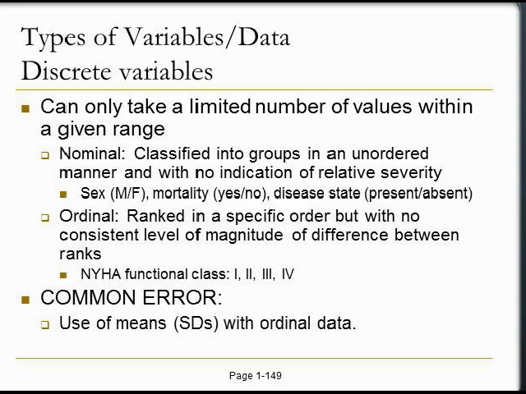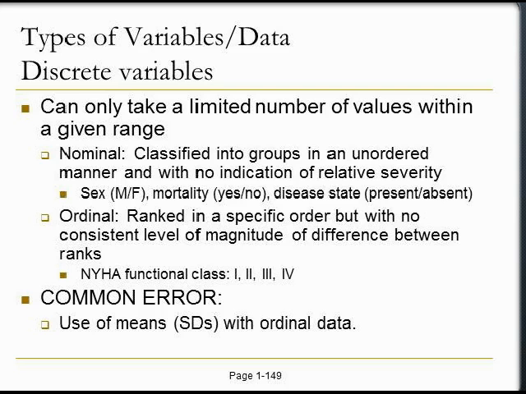but there's no consistent level of magnitude between those ranks. The most common one that I see in the literature, anyway, in the types of literature that I read, is the New York Heart Association functional classification. So we classify patients with heart failure based on whether they have, from class 1, no symptoms at rest, all the way through class 4, where they would have symptoms at rest.